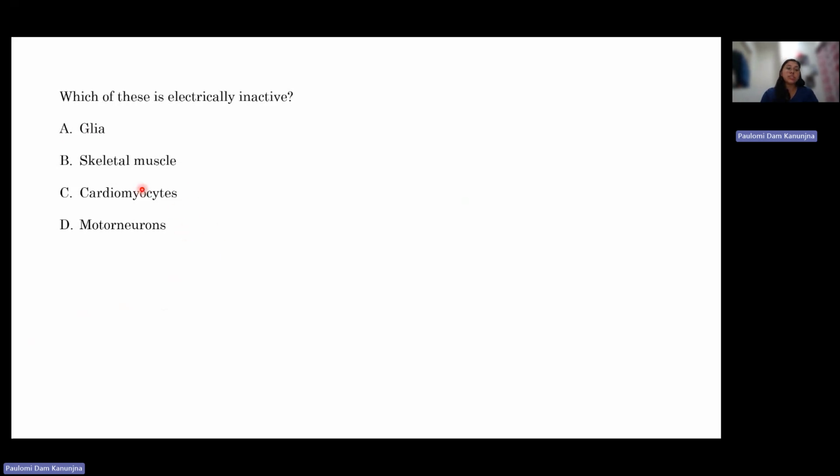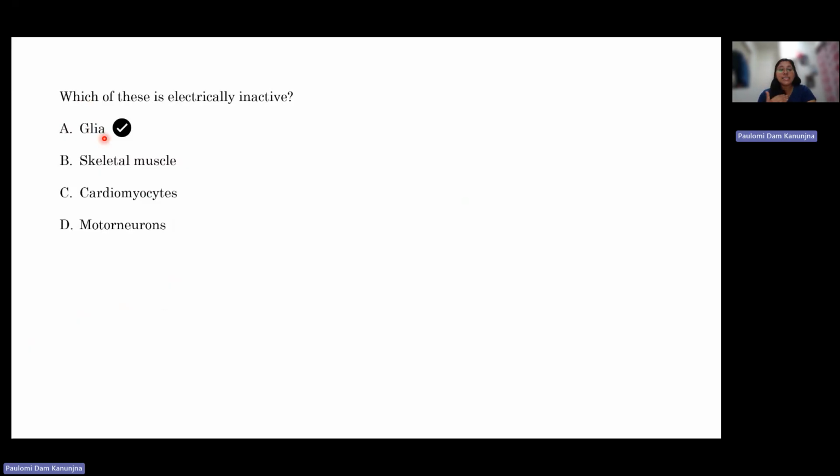If you remember the constituents of glial cells, which are astrocytes, oligodendrocytes, Schwann cells, and we just looked into the option which said Schwann cells are electrically inactive.